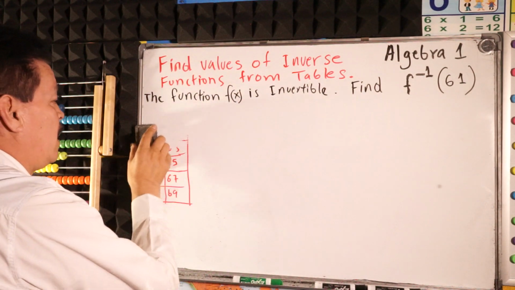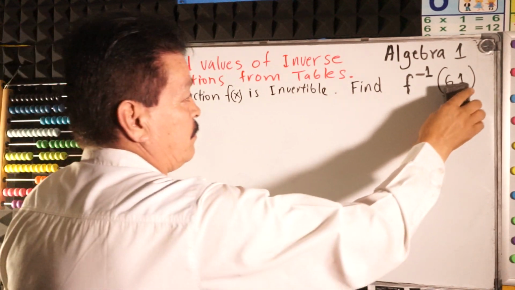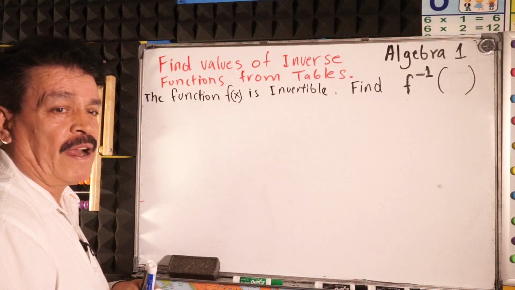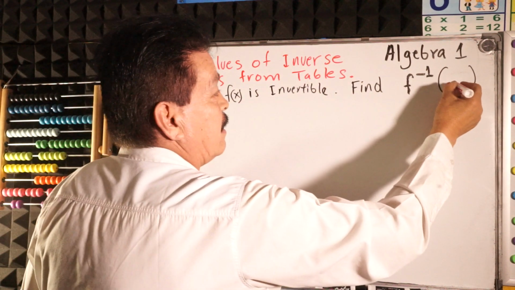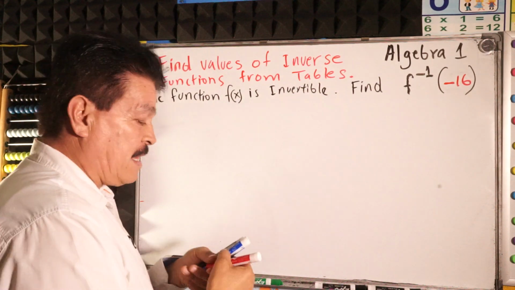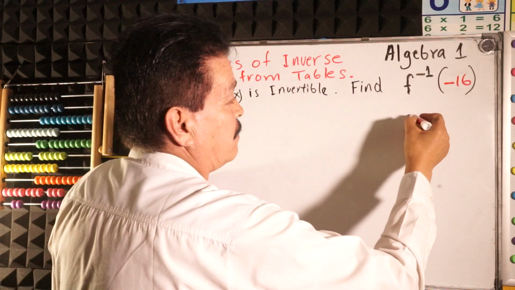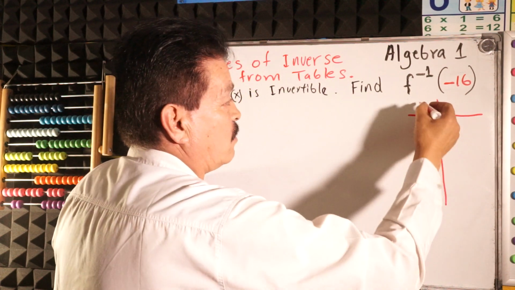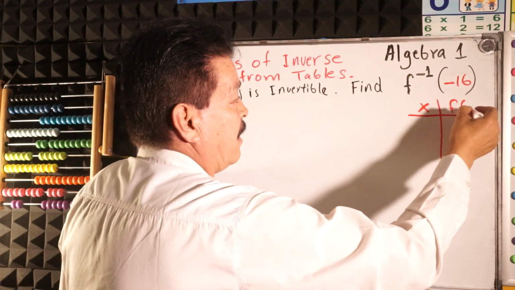Of course, I want to make another table. Let me find the inverse of which number? Find the inverse of negative 60. For that, I will make this table here. This is x, this is f of x.